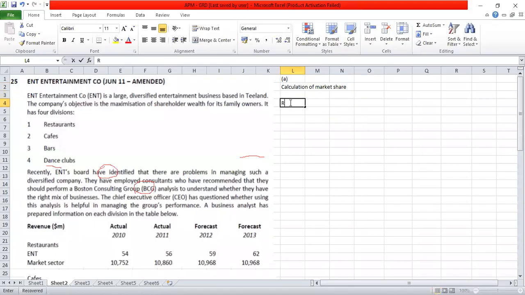We have restaurants, cafes, and we have the years 2010, 2011, 2012, and then 2013.